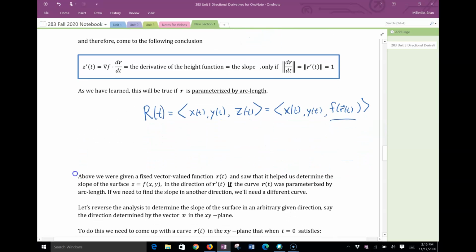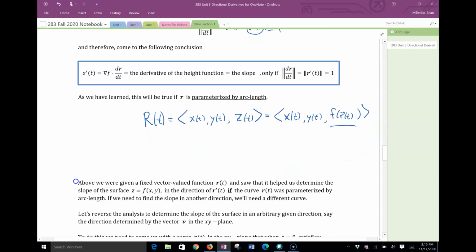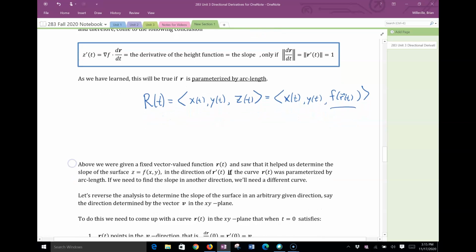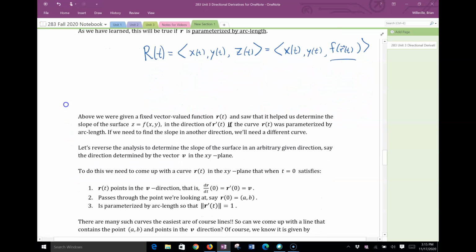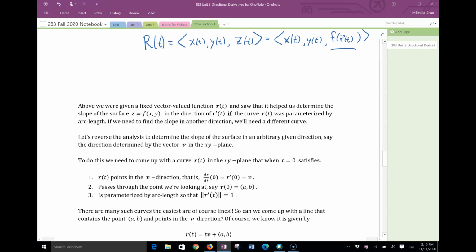Now, we're going to kind of reverse this, because that doesn't show us how to define a directional derivative. What we've just done is, given a vector valued function little r of t, that helped us determine the slope of the surface in the r prime of t direction. Again, the direction of the curve little r of t, and therefore the direction that we're moving on the graph of the function f, is determined by that derivative vector little r prime.